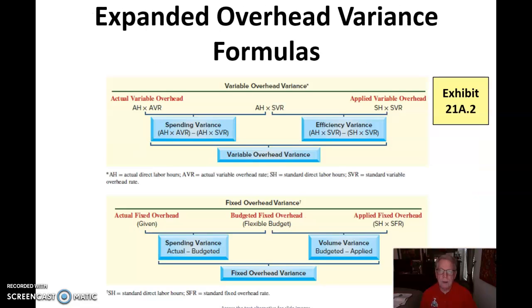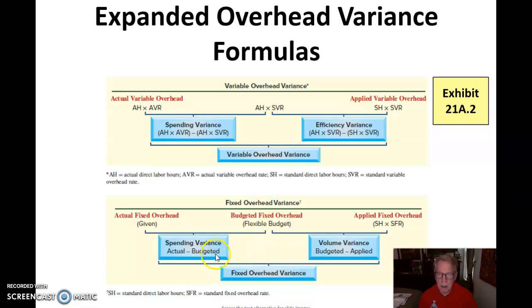So if we expand our overhead variance formulas a little bit, then here is our actual variable overhead, and here is our applied, and we're going to then calculate the spending variance and the efficiency variance and calculate the variable overhead variance, which we just did.